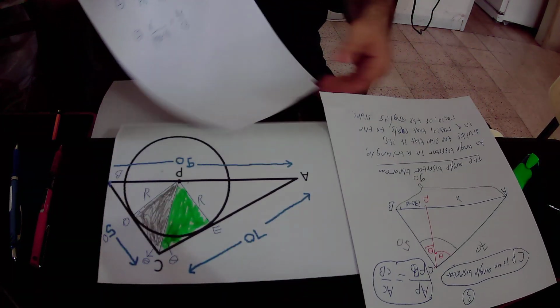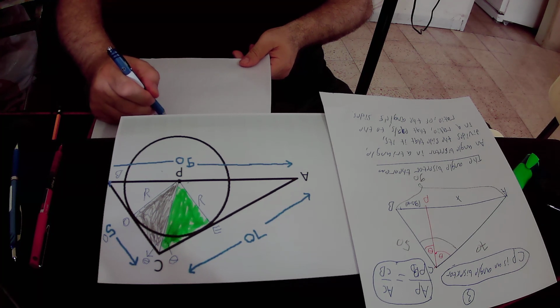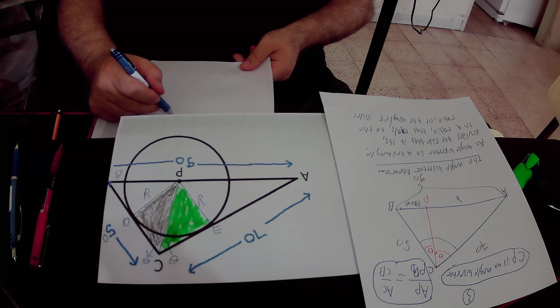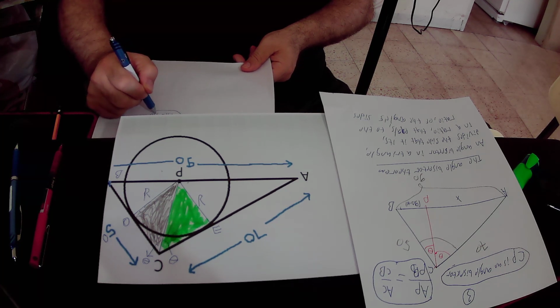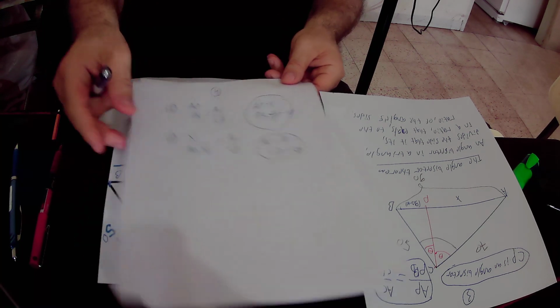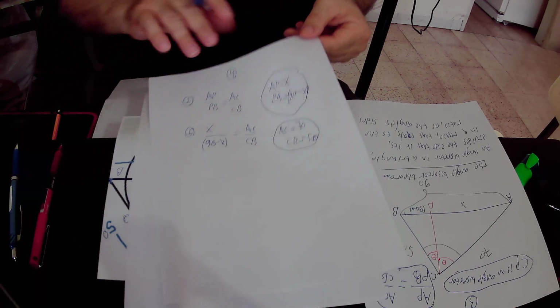So I write it down: AC equals 70 and CB equals 50. So here we can replace AC by 70 and CB by 50.